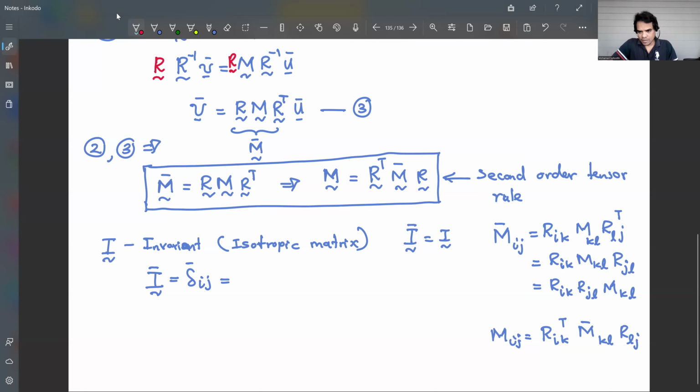First, for this I, you will write one R matrix. For this J, you will write another R matrix with the first subscript. Then put the repeated indices. Then for these two repeated indices, you will put the given matrix, right?